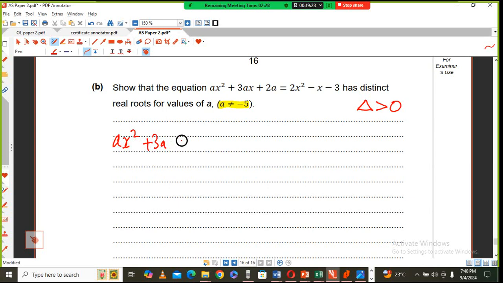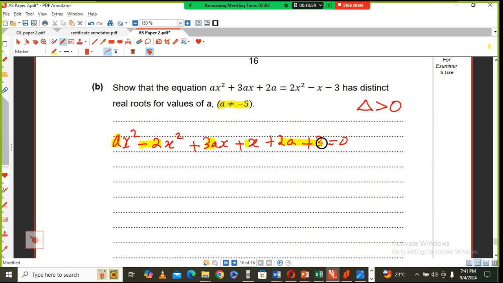So we are going to rewrite that in standard form by moving everything over. So that's going to be minus 2x squared plus 3ax plus x plus 2a plus 3. So I'm just going to now take the coefficients.